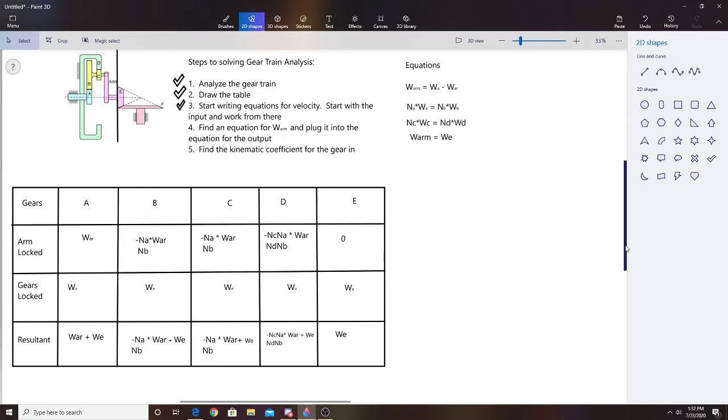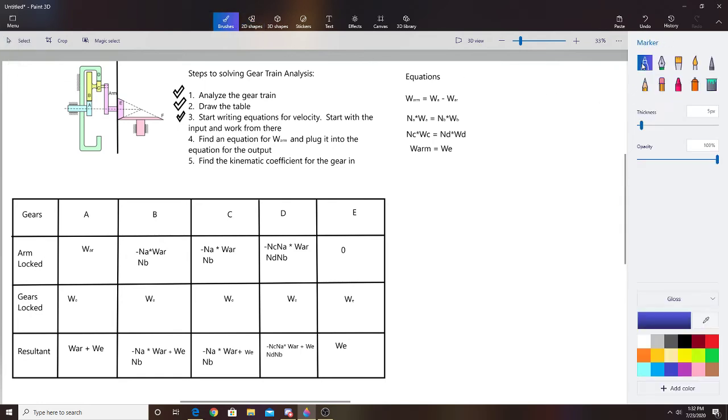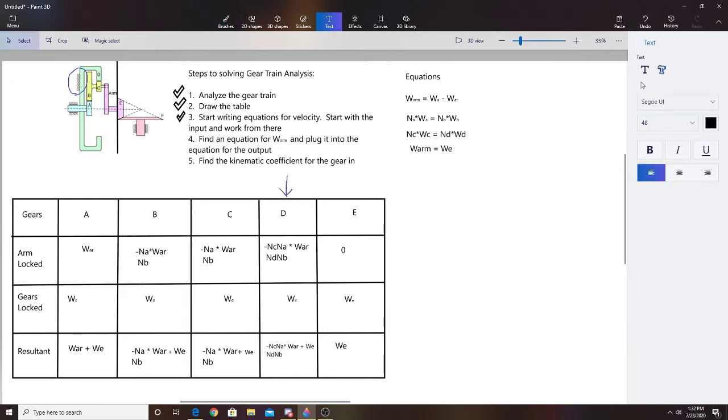Well, if you guys remember from yesterday, this question is the exact same as the one yesterday. And so what do we use? We use the fact that gear D is fixed, right? It's grounded, I guess I would say. So because it is grounded, that means we're going to take this column, gear D, and write the full equation out over here.